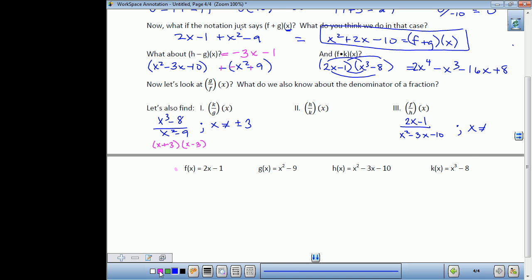So we factor this denominator, x minus 5 times x plus 2. What values of x would cause that denominator to equal 0? 5 and negative 2. So those are the restrictions on the domain of that function. Those are the values that function cannot have because it's where it's undefined.